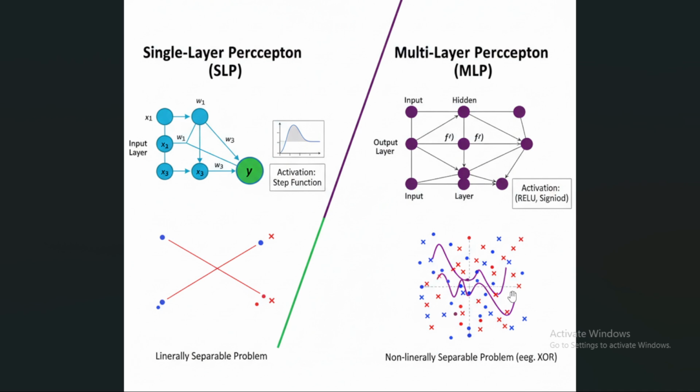Summing function and activation function. The perceptron calculates the weighted sum of its inputs and adds the bias. Z is equal to W1x1 plus W2x2 and so on, plus b. This sum Z is then passed through an activation function to produce the output.